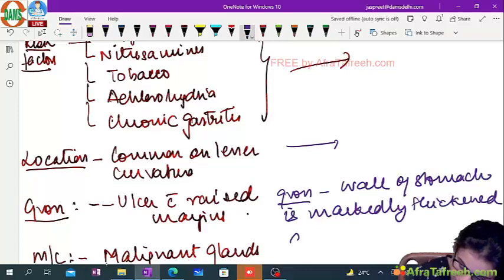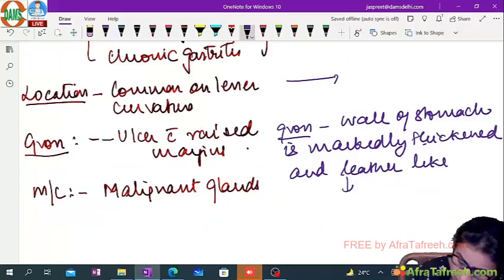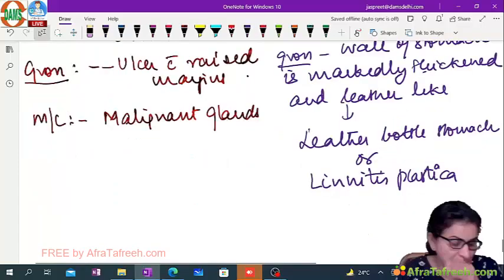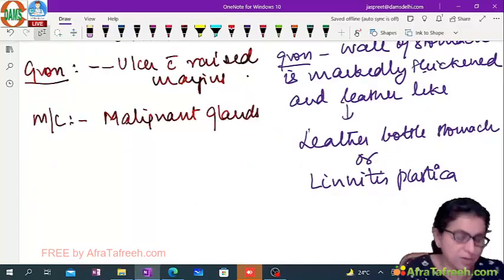This is called leather bottle stomach, or linitis plastica.